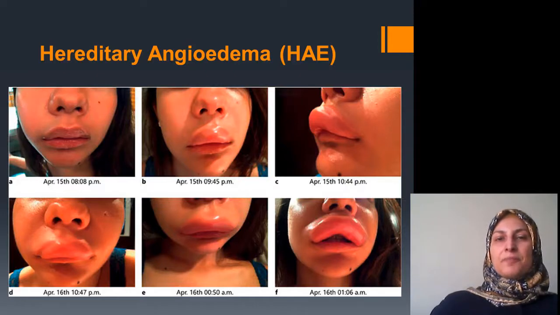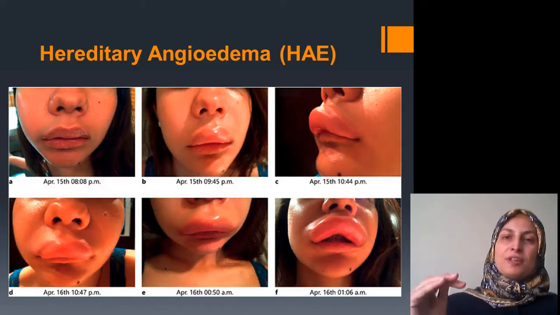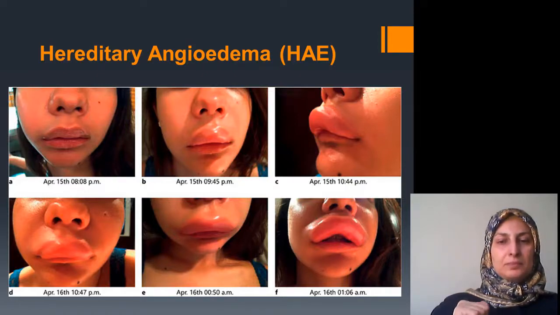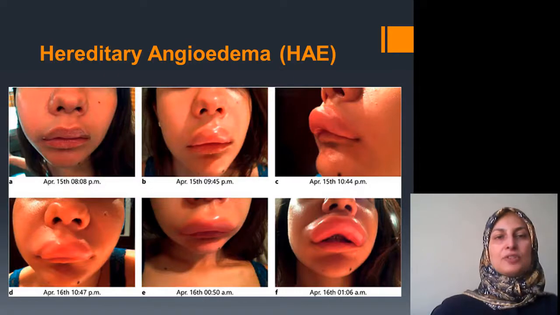In this condition, the patient does not have an adequate amount of the C1 esterase inhibitor. Therefore, there is no inhibition, no control in the first step of forming the C1 complex. Therefore, an immune reaction can take place for any trigger.